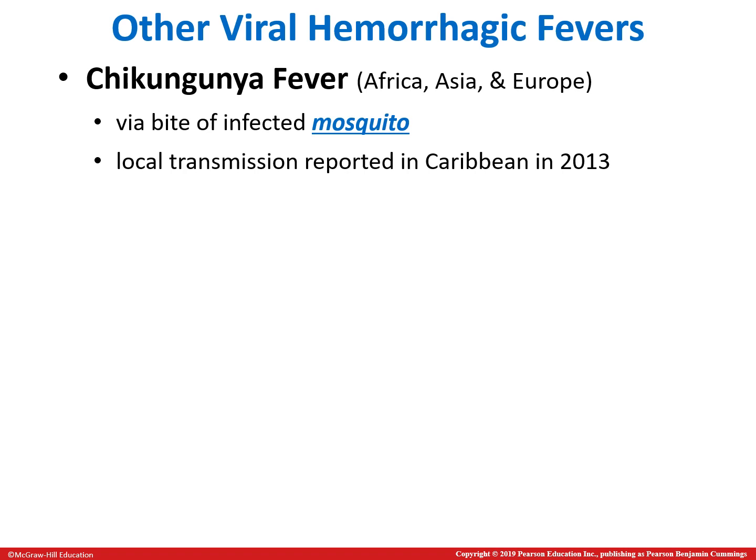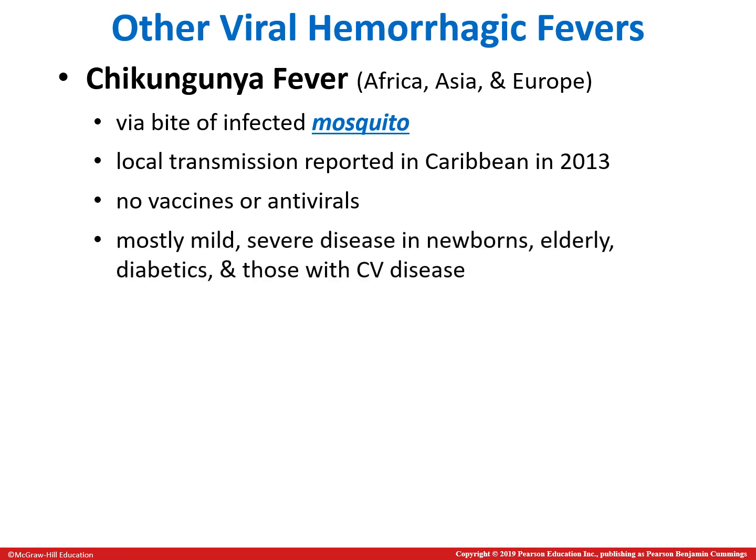So even though this is a disease of Africa, Asia, and Europe, it is now considered a notifiable disease in the U.S. because of these recent cases. Unfortunately, there are no vaccines or antivirals available for that infection. It's typically mild, but it can be a severe disease in newborns, in the elderly, and people with predisposing conditions like diabetes or cardiovascular disease.